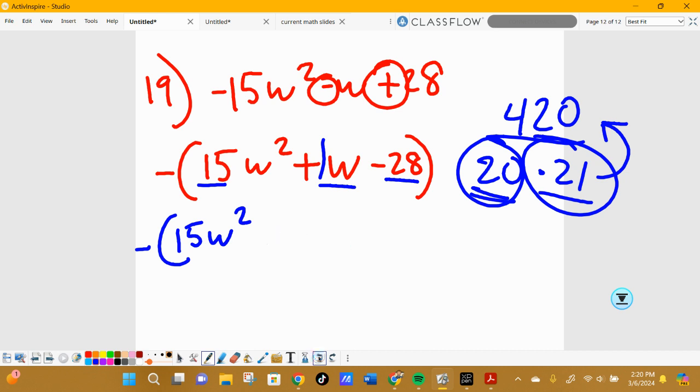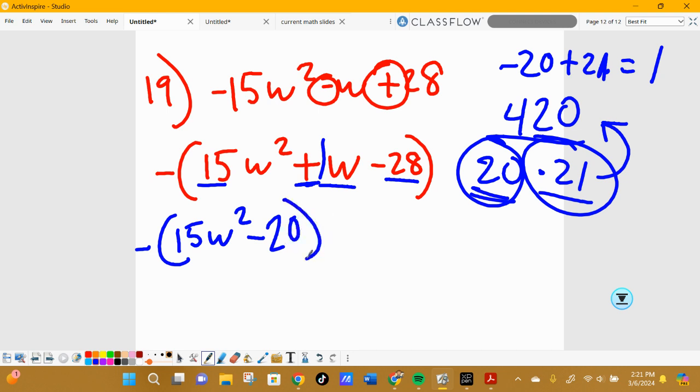See, this is why you can't rush through math. So this needs to be a negative 20 plus 21 to equal positive 1, because this is positive since I changed it. So my bad on that one. This needs to be a minus 20w, and then this is going to be a positive 21w minus 28.